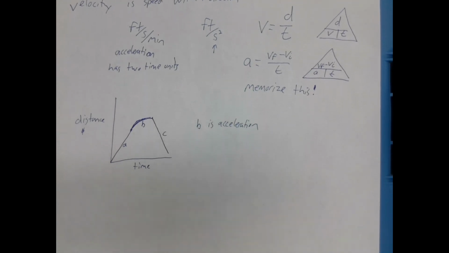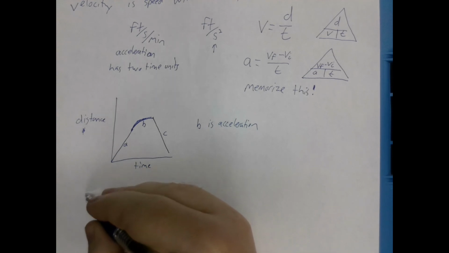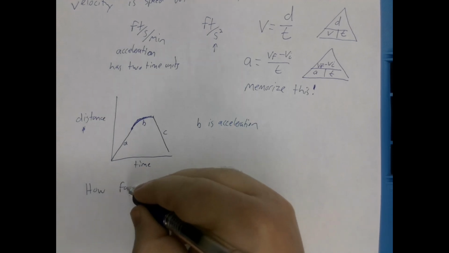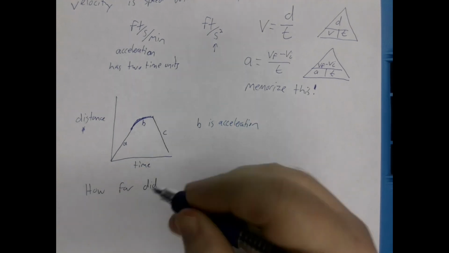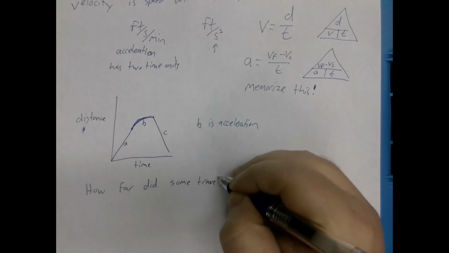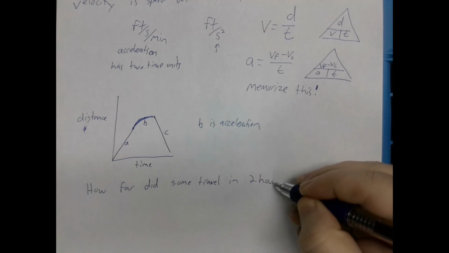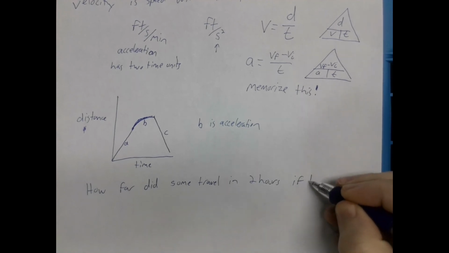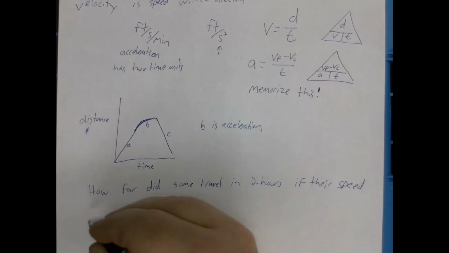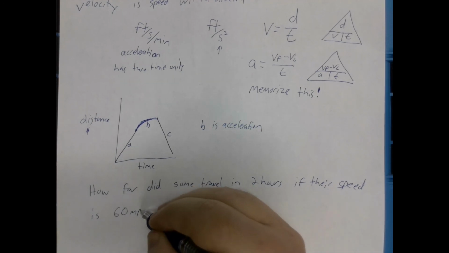So how far did someone travel in 2 hours if their speed is 60 miles per hour?